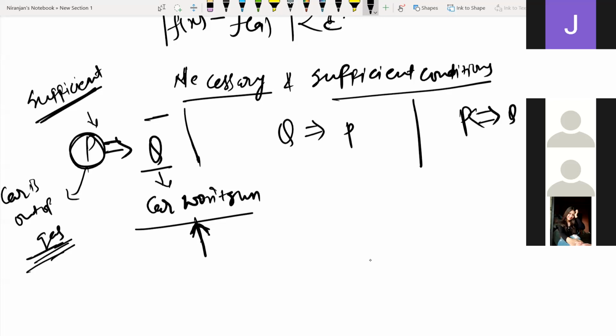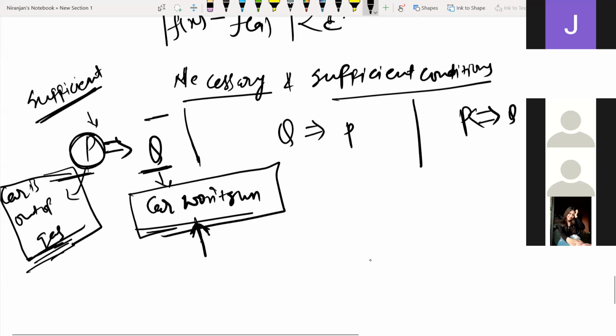What else has to be done? Nothing, right? But when I say that my car won't run, and I want this one specifically to be true, my car is out of gas, then I need to make a strong argument on Q, that okay, it won't run, right?